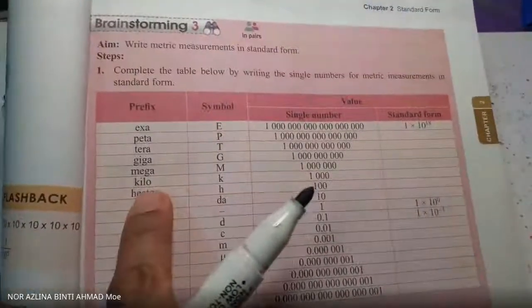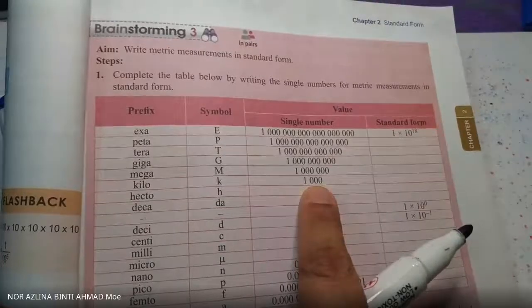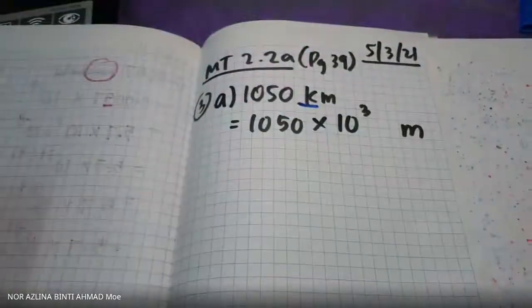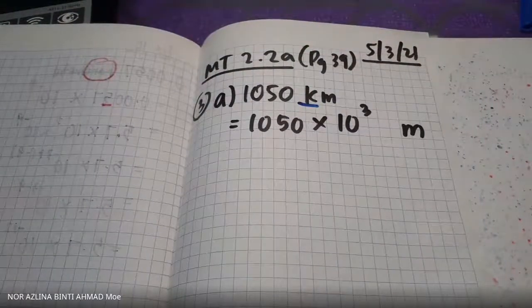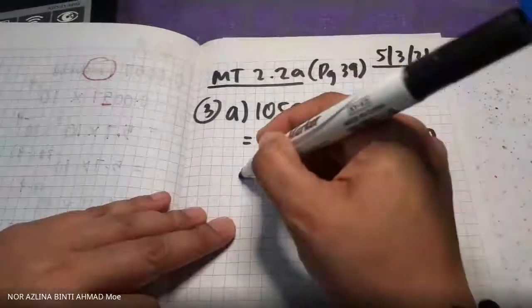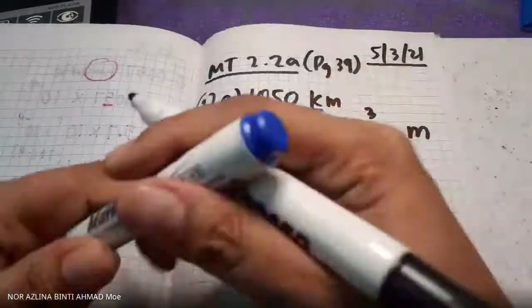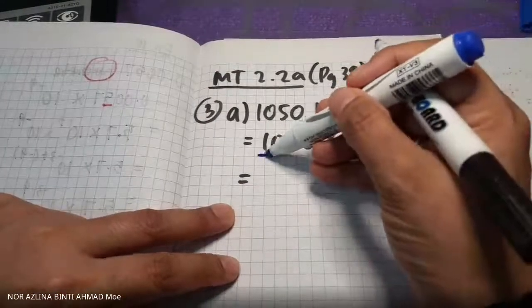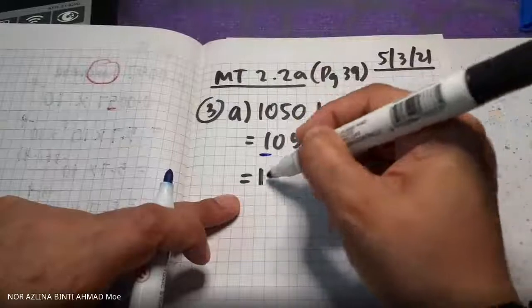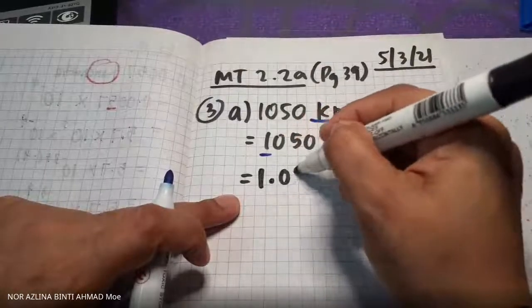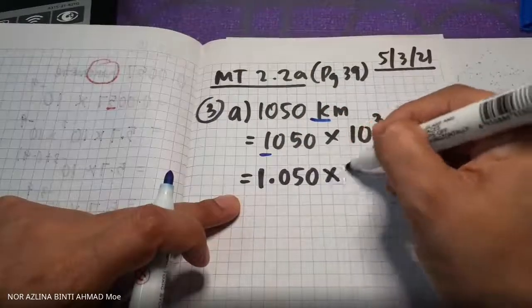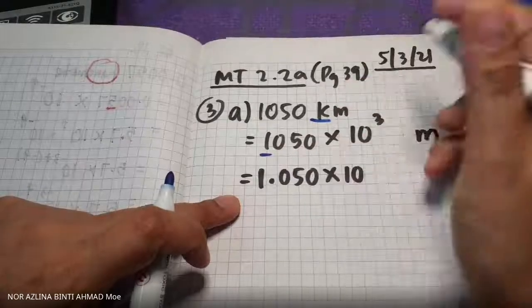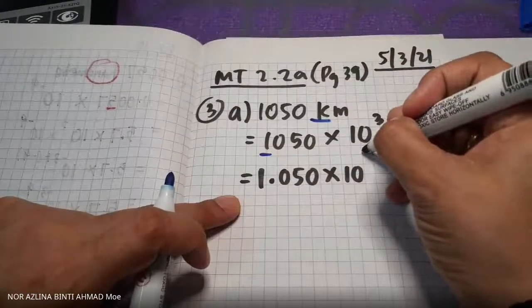Okay. Kilo, 1000. So 1000 is 10 to the power of 3. So multiply 10 power of 3. This is 1050. You change to the standard form first. So we get 1.050 times 10 to the power of, okay, how many numbers after 1? 3.